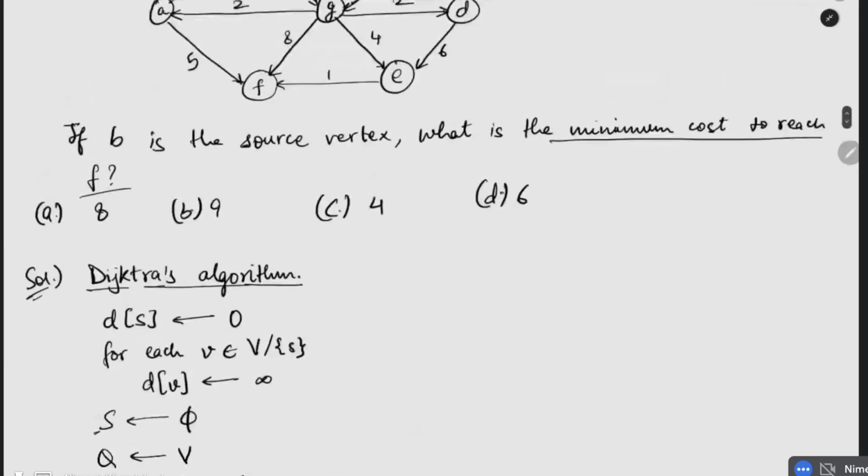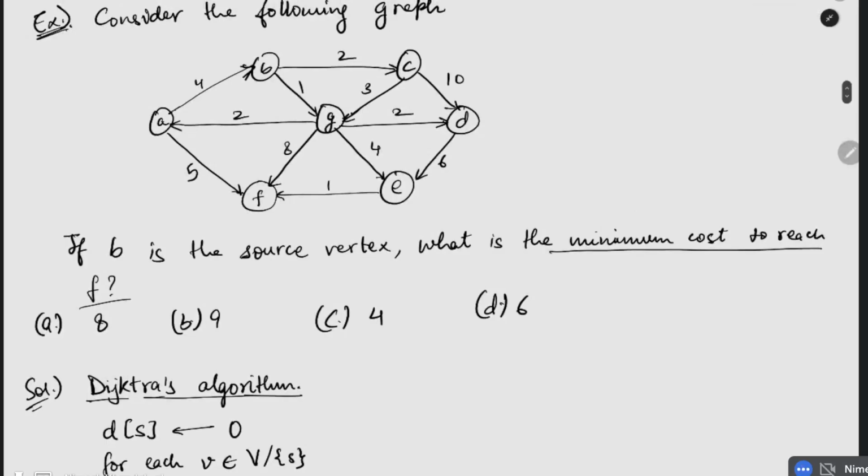So of course, if we just had to solve this question, we could have eyeballed it also, that starting at B, we can just try to brute force the solution, right? In how many ways can I reach from B to F, right?